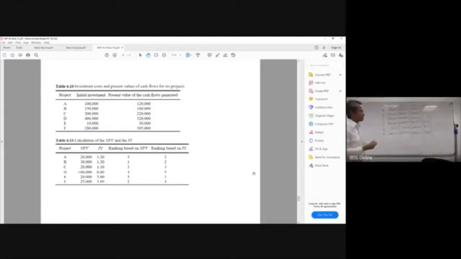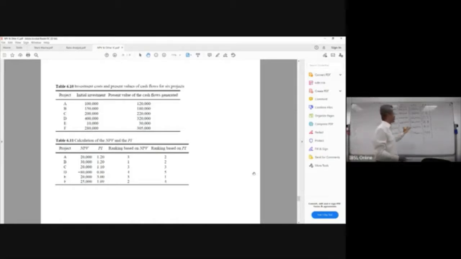Right. Can you see, though they are similar, when you rank they are different, right? So to my knowledge, E is the best because you invest only 10,000 and you get 30,000, right? That is 20,000 in NPV.